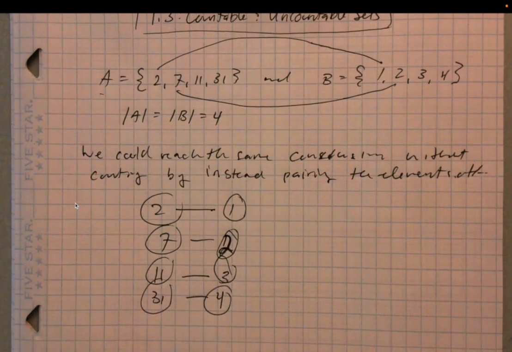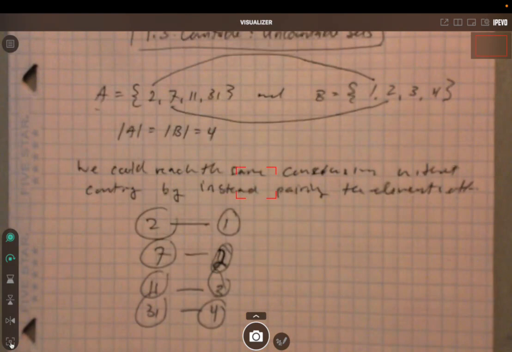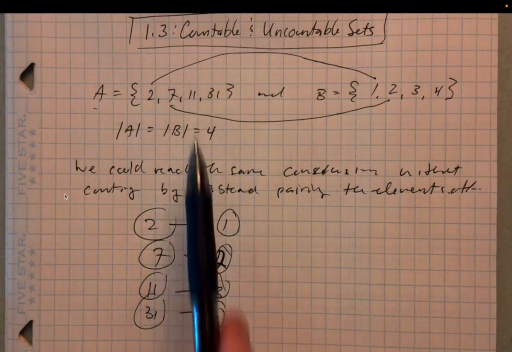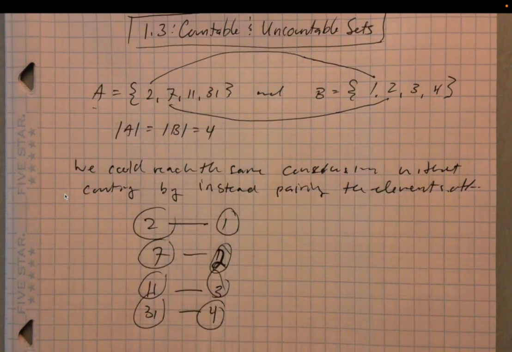So this is an alternative approach to determining whether or not two sets have the same number of elements. Clearly, in the case of finite sets, you could just count the elements, but you could also do a pairing operation like this.